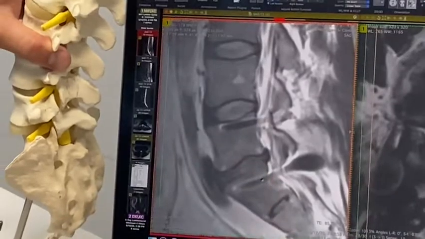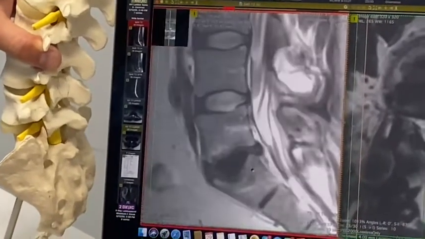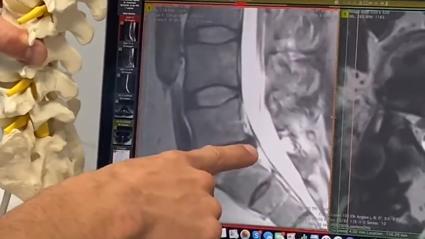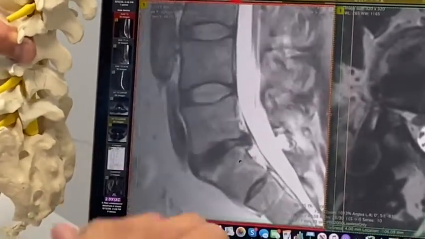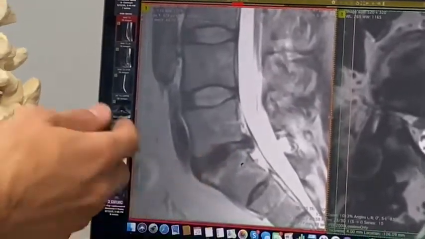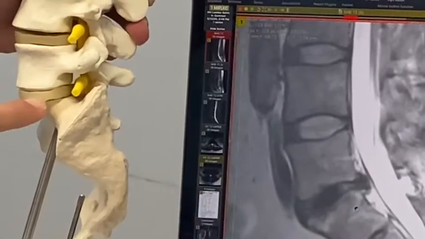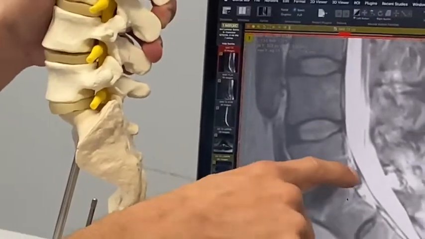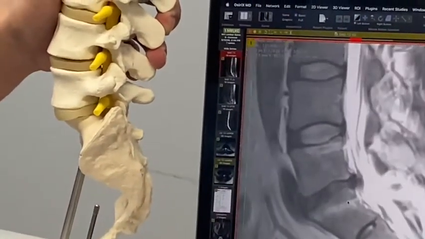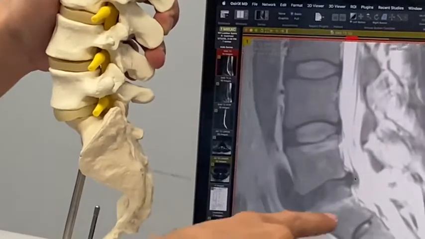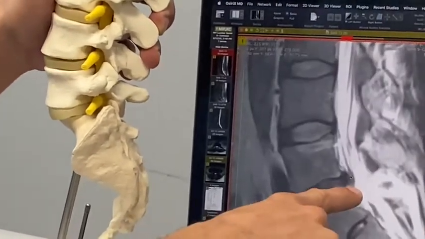They put rods and screws, but you can clearly see that the disc material did not resolve. The reason for that is they did not remove enough disc material, and when they put the spacer in from the front or the side, they just pushed the disc material back outward. And you can clearly see here how much it is sticking out.